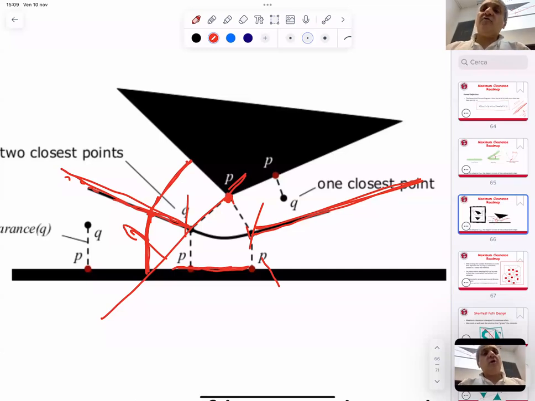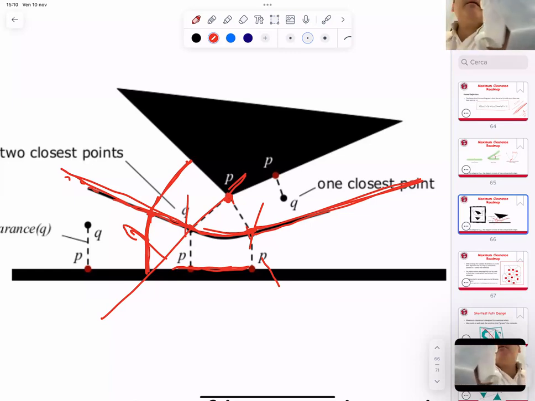Okay, and therefore the piece of the Voronoi diagram is this piece of parabola. So in essence, our generalized Voronoi diagram will be built by pieces of lines and arcs of a parabola that have to be connected with one another. Is it clear?